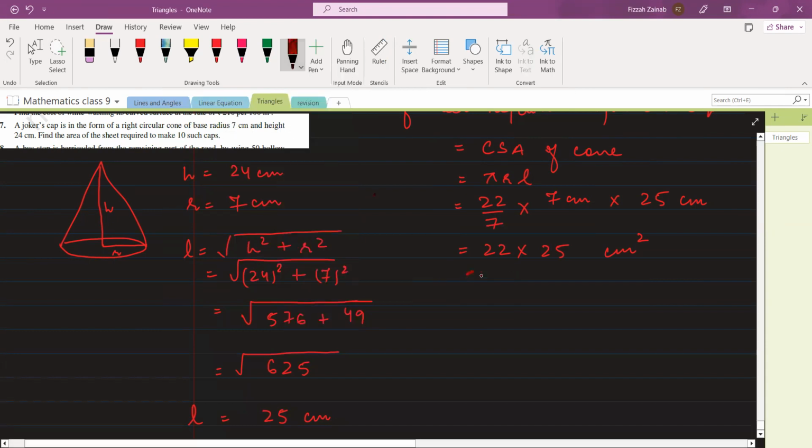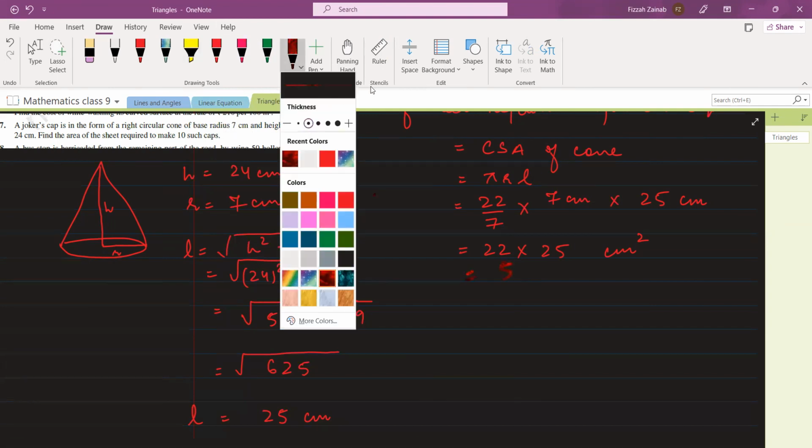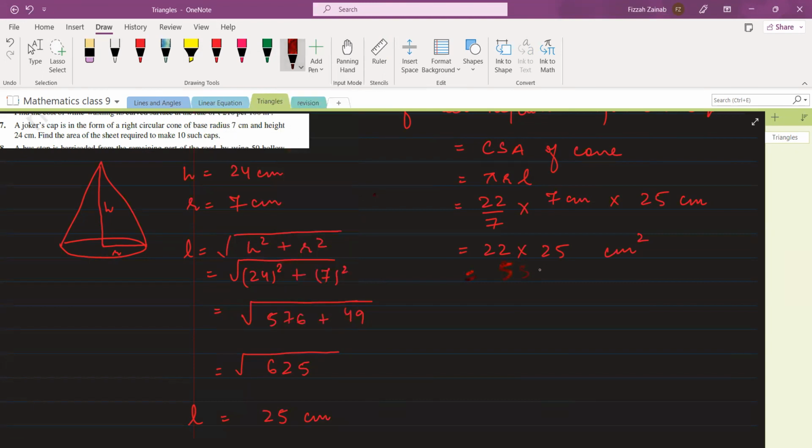All right. So this is 550 centimeter square. So anyway, this was the area of the sheet required for one cap, right? So area of sheet required for 10 caps, you just multiply with 10, right?